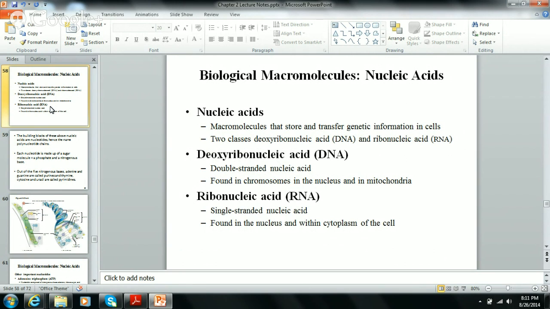As a matter of fact, we found that maternal DNA, that DNA that's in the mitochondria, tells us a lot more about where we come from than the DNA in the nucleus.